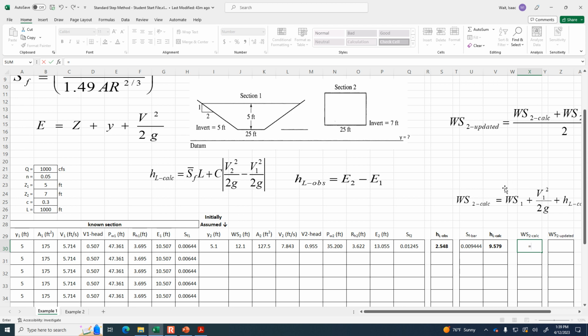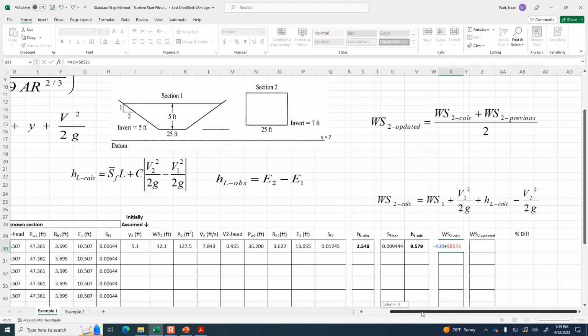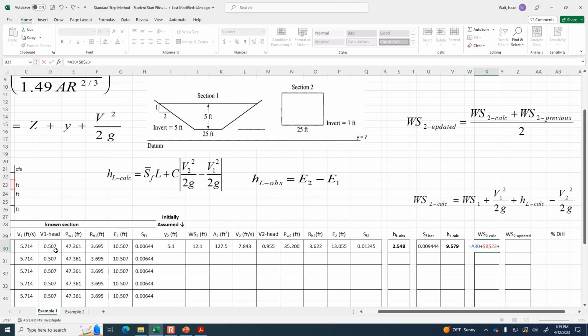Okay, so water surface at 1 is y1 plus z1. And I need to anchor the reference to z1 since it's up here in these constants. Plus the velocity head at 1. Well, we do have that, luckily, a column that we can just click on. So here's the velocity head at 1.